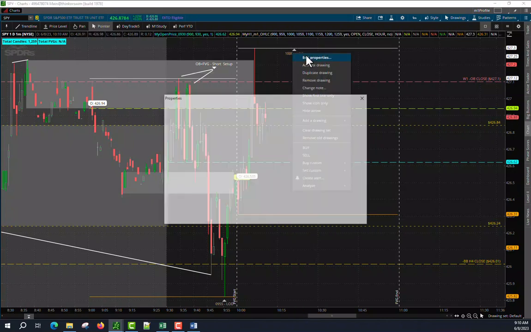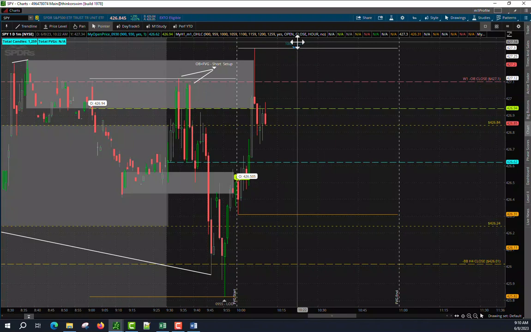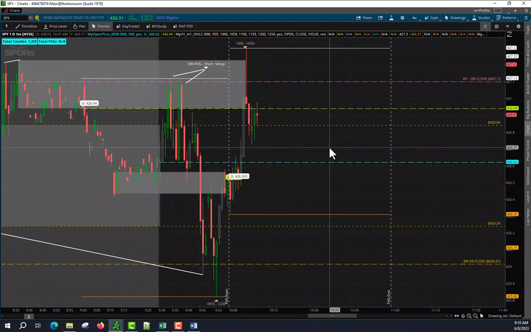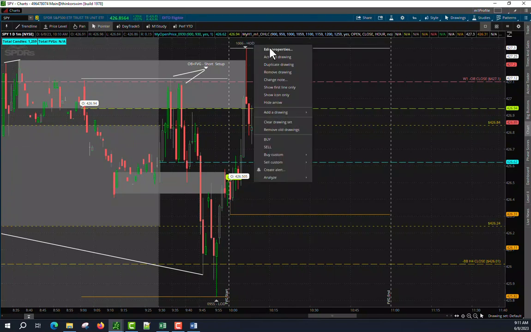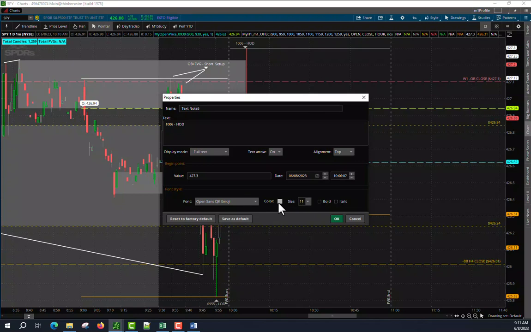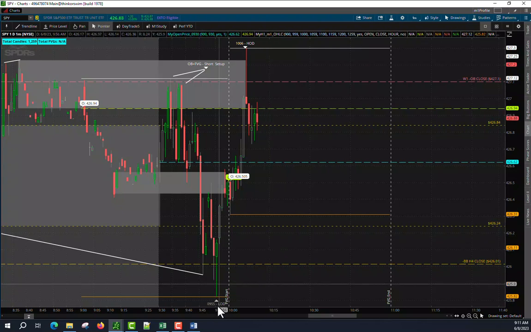And we want it to be on the top. So 10:06 is the high of the day, and 9:55 is the low of the day.